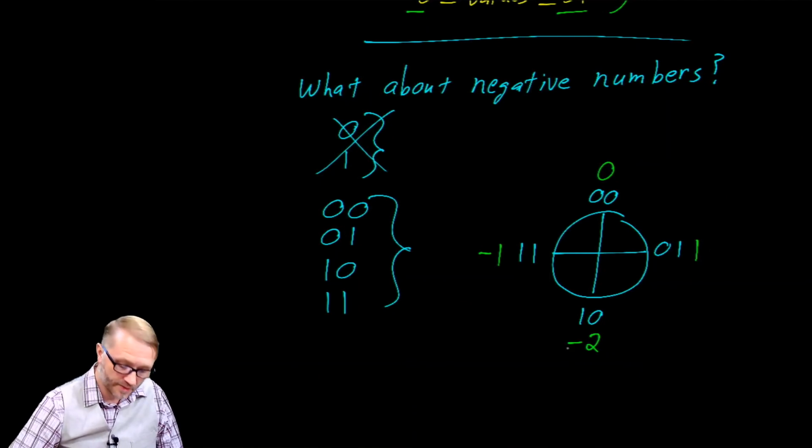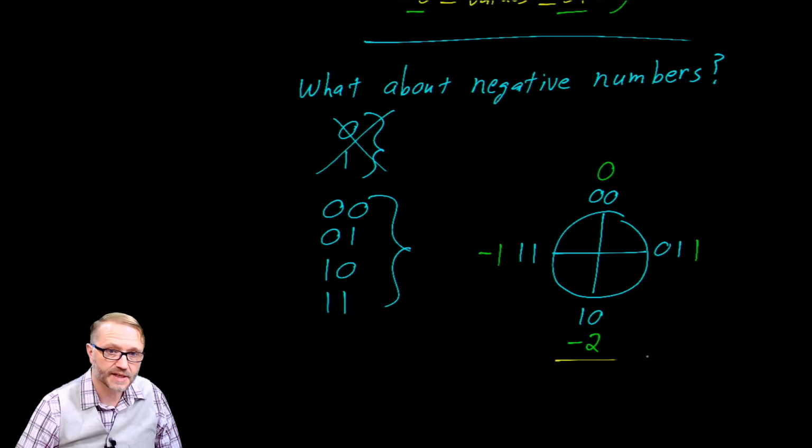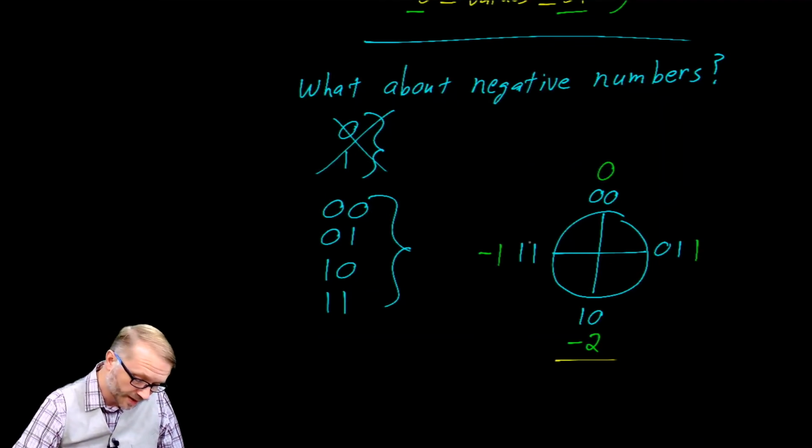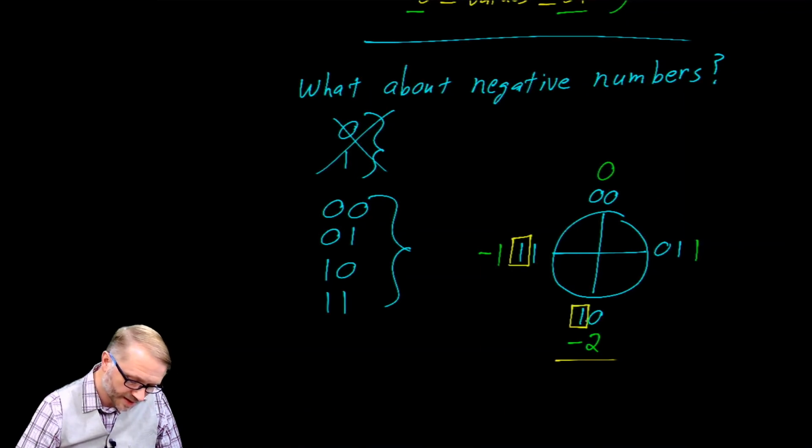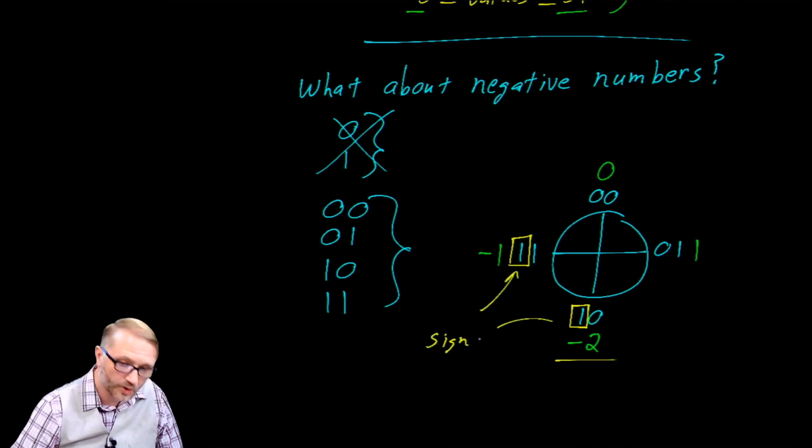You might ask why we made this negative 2 instead of 2. I would propose to you that this bit right here will be used as a sign bit. So as long as that is negative, we're going to consider it a negative number. So a 1 equals negative.